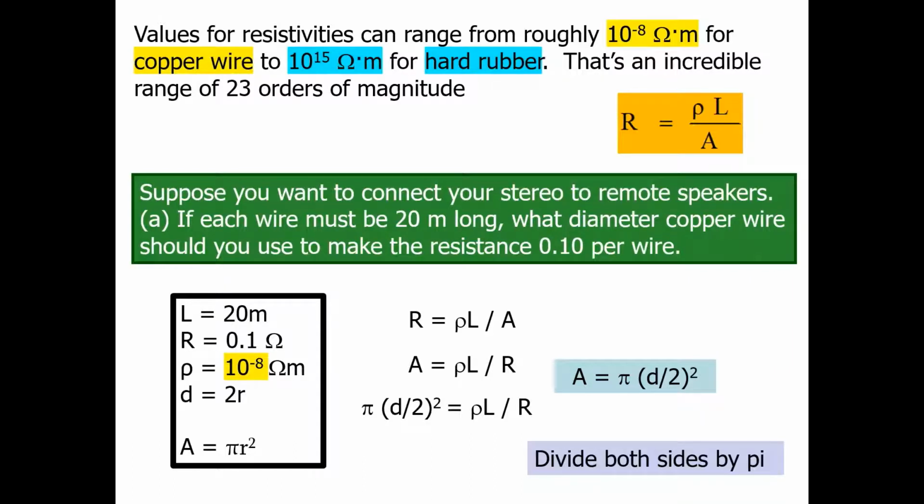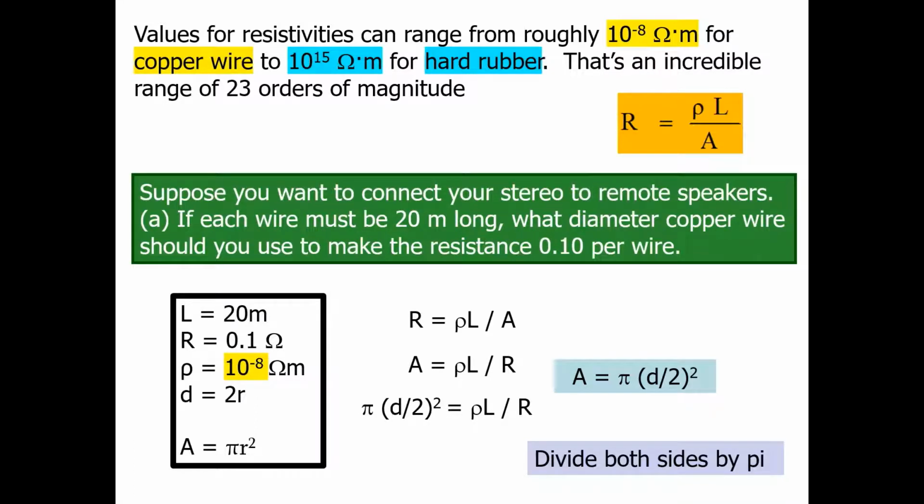From the equation, you know that L is 20 meters, R is 0.1 ohms, rho, which is resistivity, is 10 to the minus 8, and the question is asking for diameter, and you know that diameter is twice the radius. You also know that the equation for area is pi r squared.